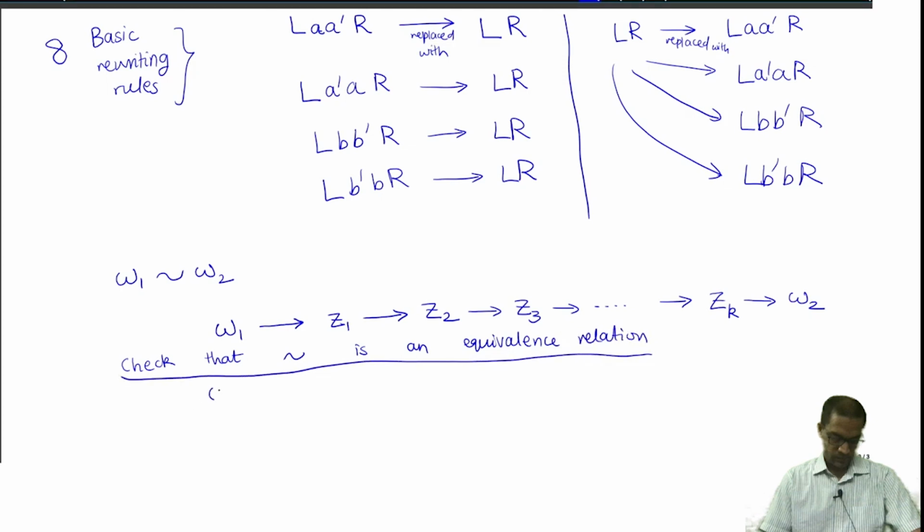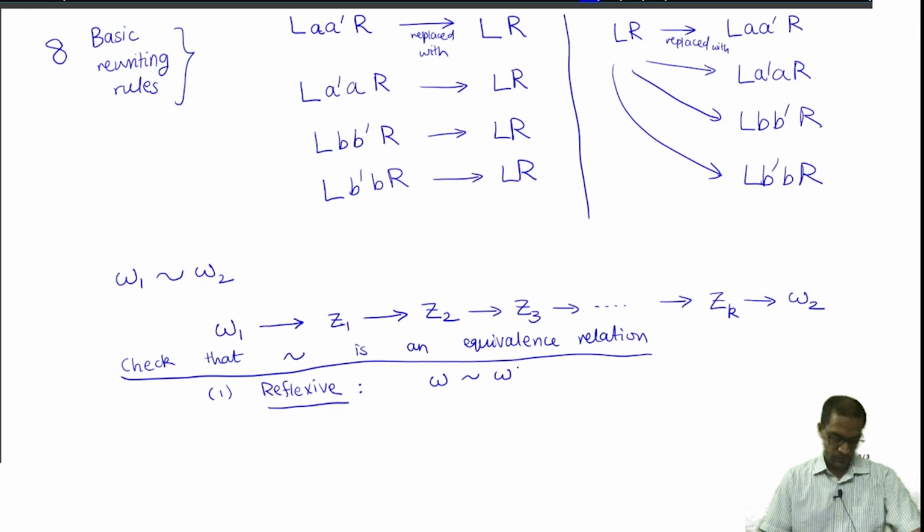Remember, equivalence relation means I need to check three things. I need to check that the relation is reflexive, which means given a word W, I need to check that it is equivalent to itself, and that is sort of trivial because I just don't apply any of the basic rewriting rules. I'm allowed to apply any number of them, but I'm also allowed to apply just zero basic rewriting rules.